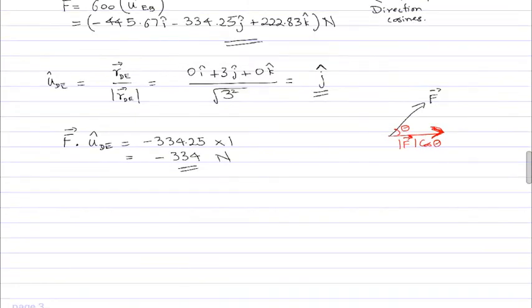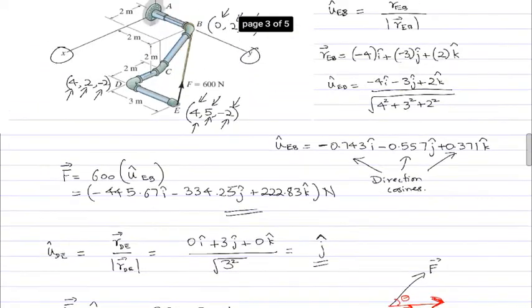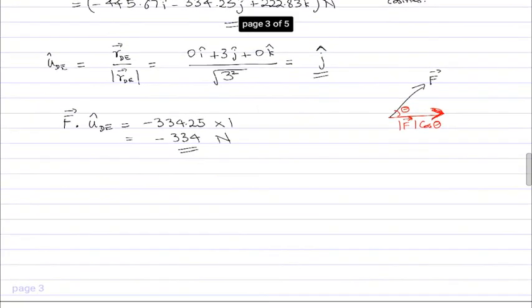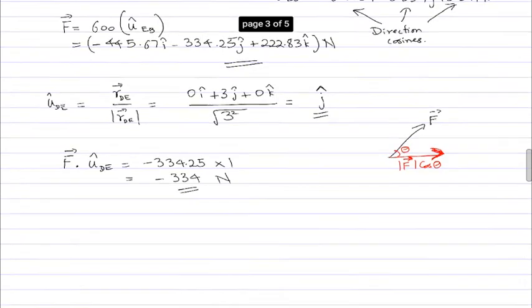So think about this. We got a negative value here because we took the direction DE for the unit vector. If we were to use the other direction, which is ED, we would have gotten positive 334 as the component. So that's an important distinction that you have to make.